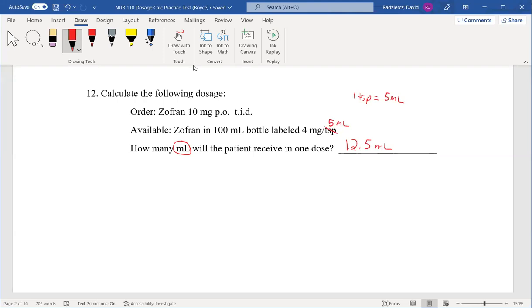The pediatrician probably assumes that most parents are more comfortable with teaspoons and tablespoons, just like most Americans are more comfortable with gallons of gas versus liters of gas, but it just depends on what you're utilizing.